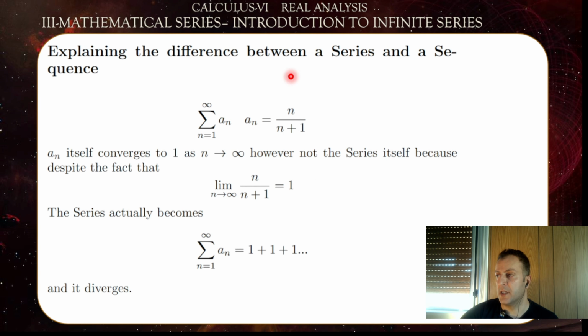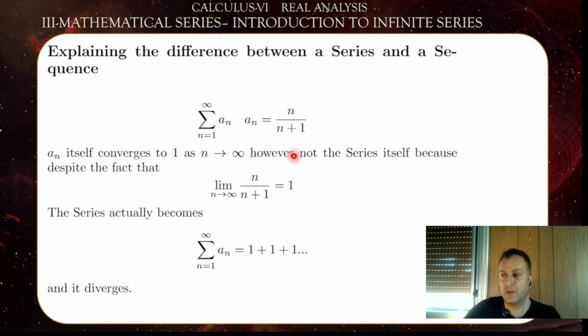Explaining the difference between a series and a sequence. Let's say we have a series given by sigma n equal 1 to infinity of an. An, of course, is the sequence, which is equal to n divided by n plus 1. Now, an itself converges to 1 as n approaches infinity. Why?